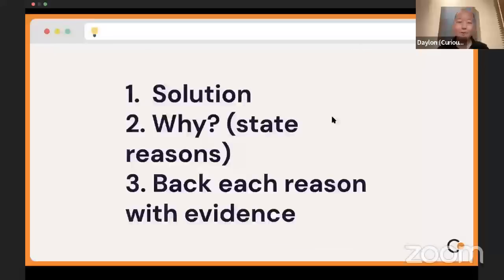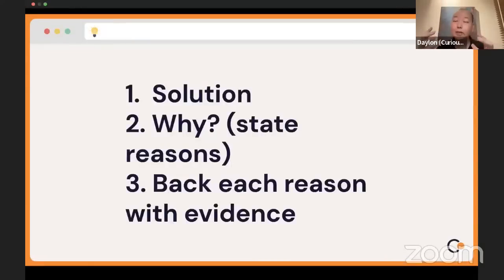Now, the Minto principle, you have to think of it like a triangle. You have to imagine a triangle, and I'll show you an actual diagram of a triangle later. You have to actually talk about the solution first, right? You have to present the solution and the impact of the solution itself. And based on the solution and the impact, you need to share a little about why you crafted the solution that way.